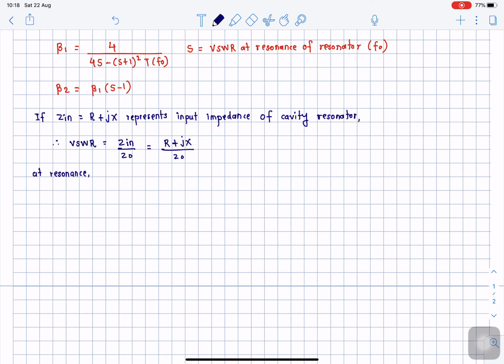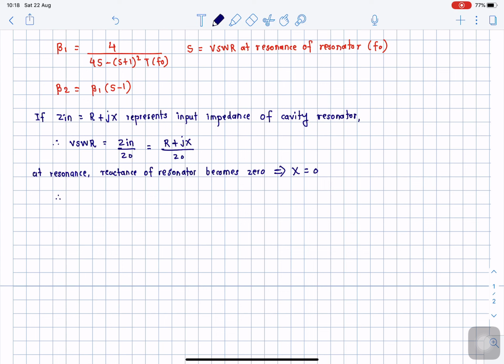So at resonance, the reactance of resonator becomes 0, and write that X becomes 0. Okay.